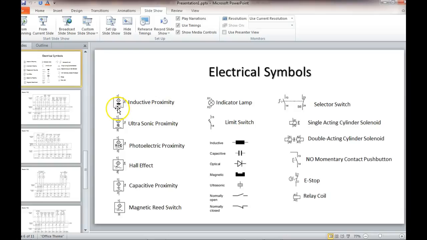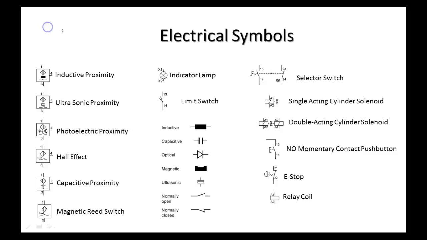This little symbol down here indicates this has a normally open contact, so it's a normally open contact inside there. Okay. Right here, these are some of the symbols we can have. So notice down at the bottom, if I get in here without pausing the lecture.